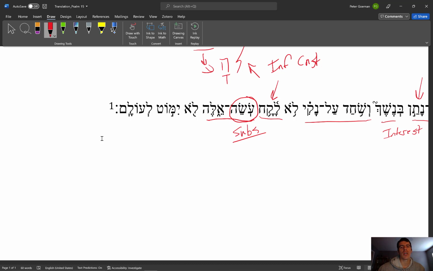So the one who does eleh, these, so the one who does these things, lo yimmot. This is the word for stumbling. So stumble or falter. So the one who does these things will not stumble. Olam is the word for forever. So he will not stumble forever. The one who does these things will not stumble or totter forever.